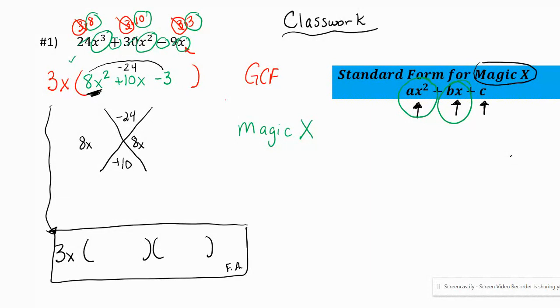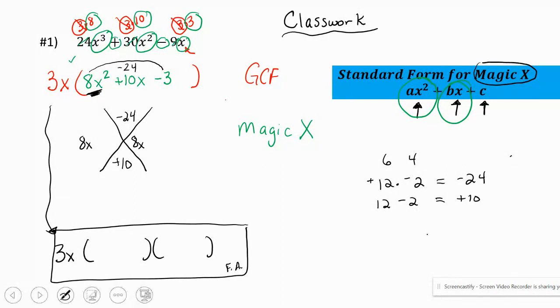Okay, so what multiplies to 24 and gives us 10? It's either 6 and 4 or 12 and 2. I need it to multiply to negative 24, so one has to be positive and one's negative. So a positive 12 times a negative 2 would be negative 24, and 12 minus 2 is equal to positive 10.